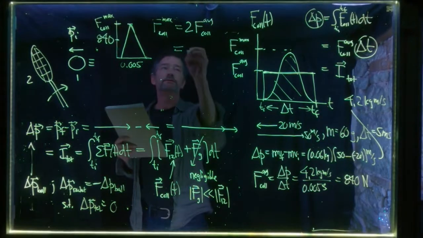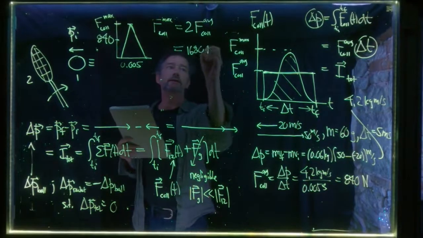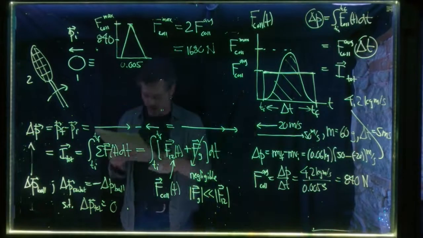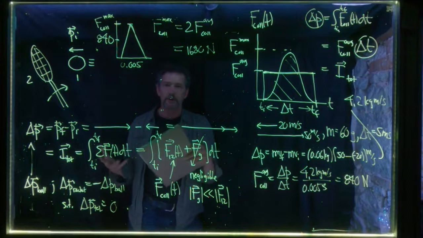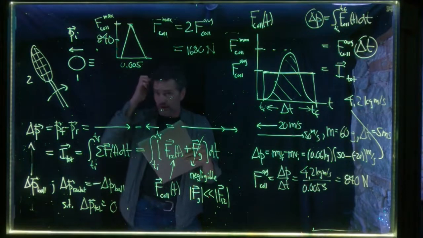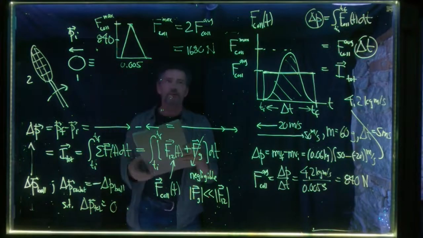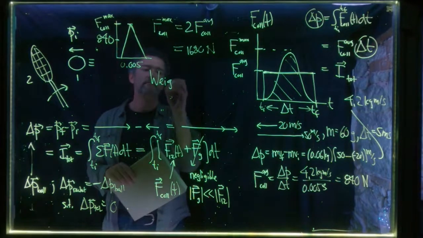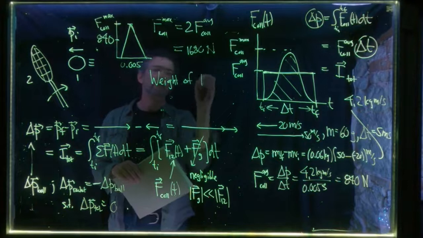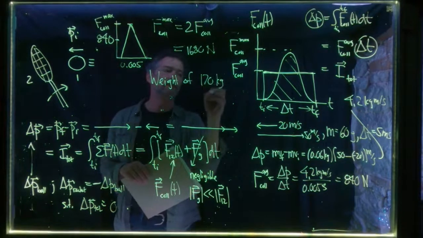And you remember that to figure out the weight of somebody, it's just mass times g, and g is around 10. So this is basically the weight of a 170 kilogram person.